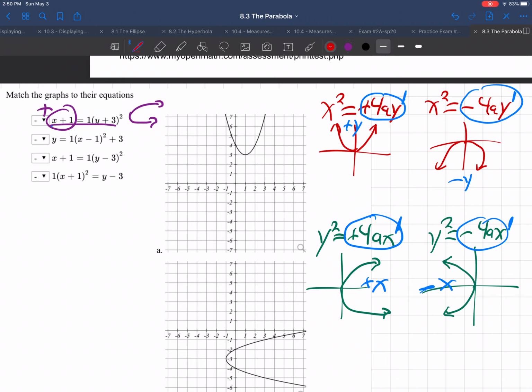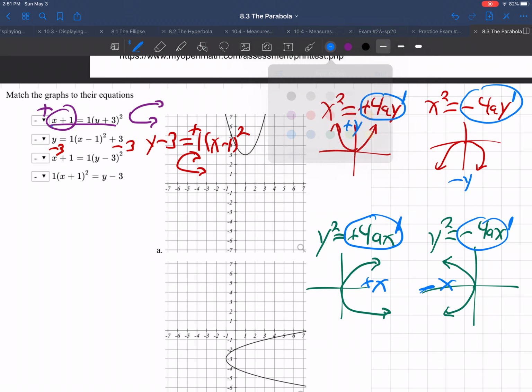The next one, we should subtract 3 from both sides, so we get y minus 3 is 1, x minus 1 squared. So you want to get the number next to the x or y on the other side. Now this one you can tell is going in the positive x direction, so this one is also going to the right.